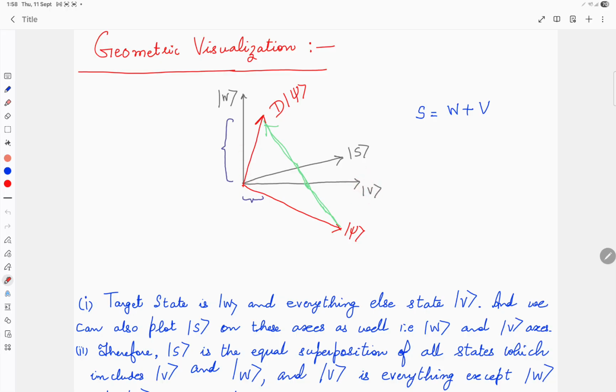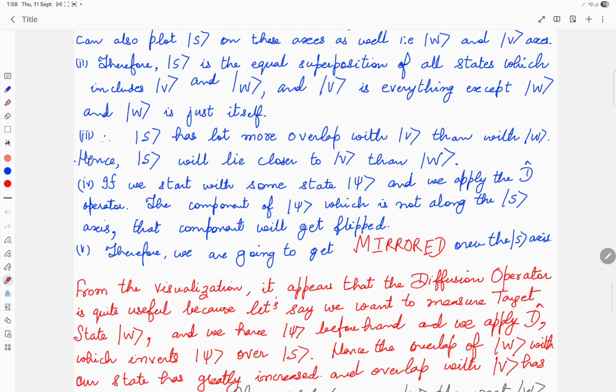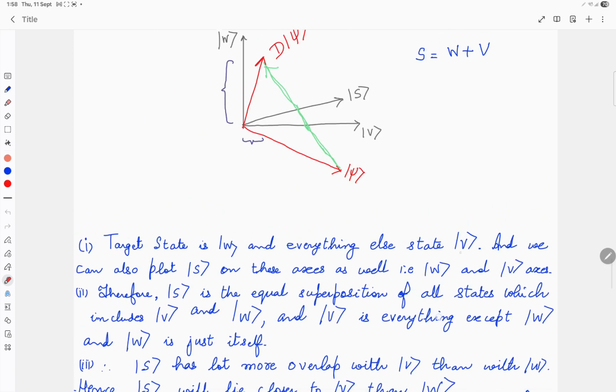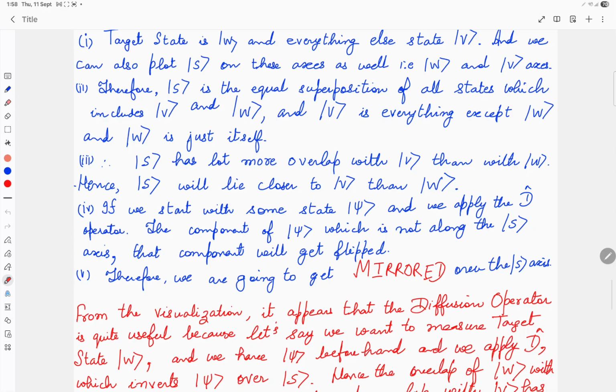But our target is to take the measurement as close as possible towards W. So let's see how it is possible. Now if we start with some state ket psi, so this is our ket psi. So let's start from here. If we start with some state psi and we apply the diffusion operator, the component of psi which is not along the S axis will be flipped.